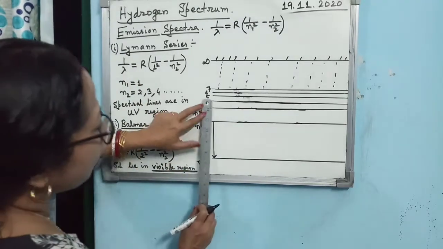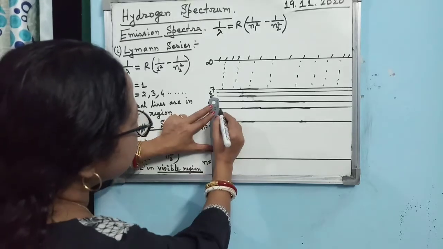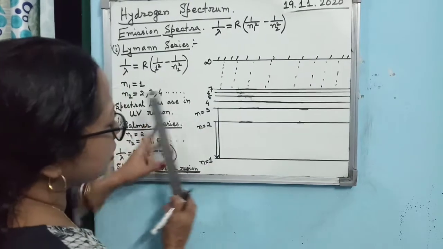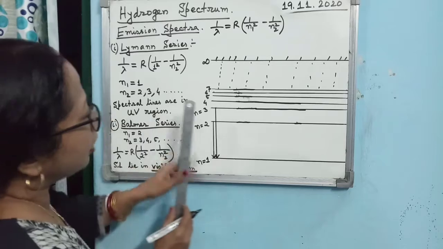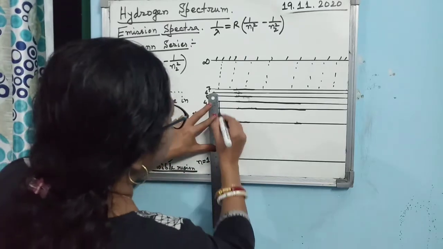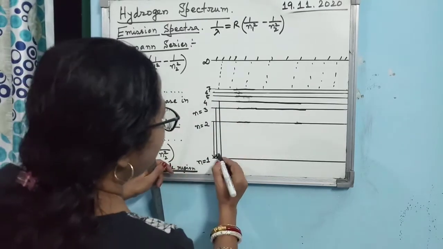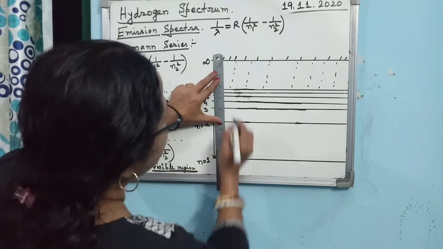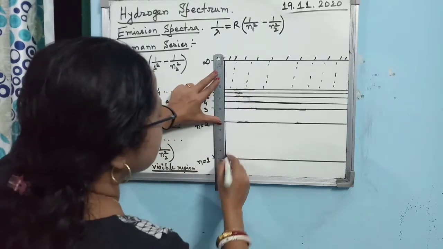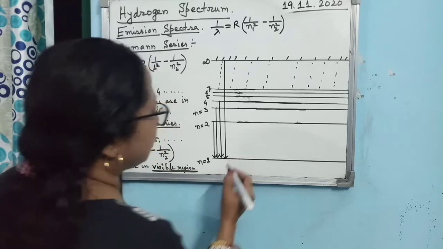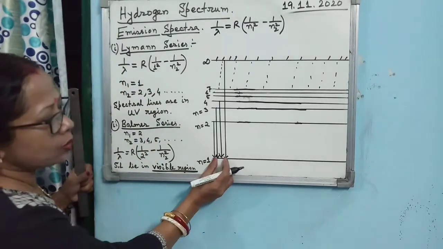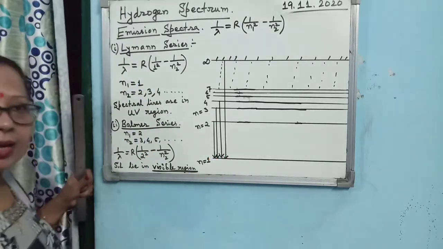Then from the third level it is jumping to the ground state, and then from the fourth level it is jumping to the ground state, and then you draw it from infinity jumping to the ground state. Is that clear? Then you will get the spectral lines.